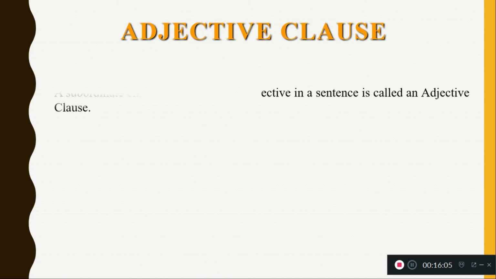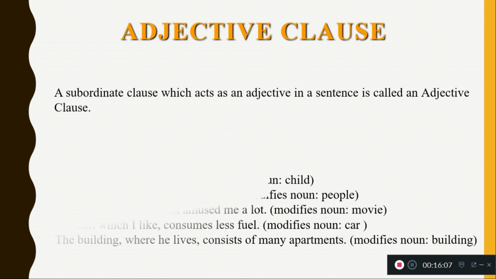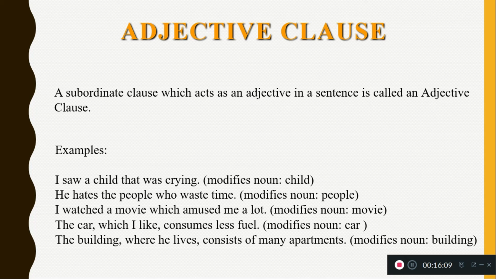Next, adjective clause. An adjective clause is a subordinate clause which acts as an adjective in a sentence. Like an adjective, it modifies a noun or a pronoun in a sentence. An adjective clause mostly starts with relative pronouns that are that, who, whom, whose, or which.